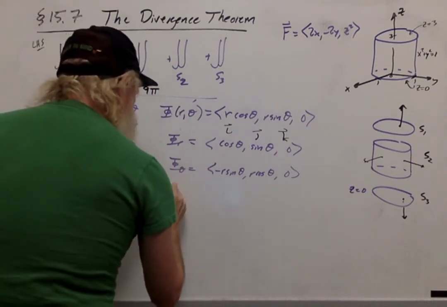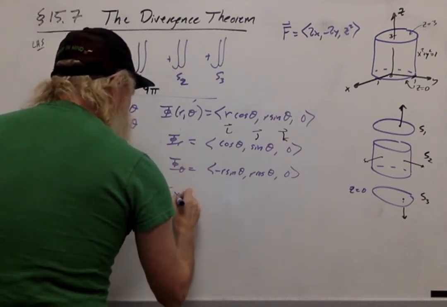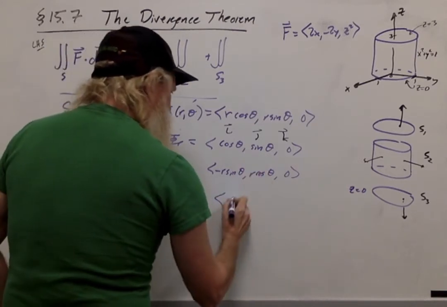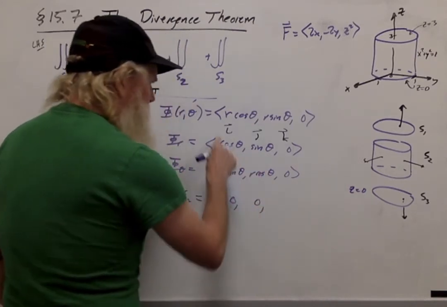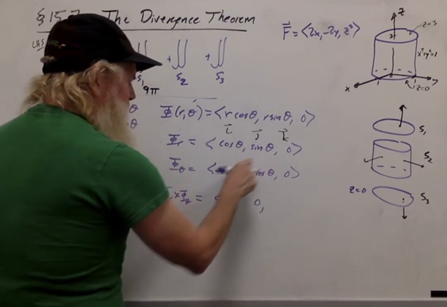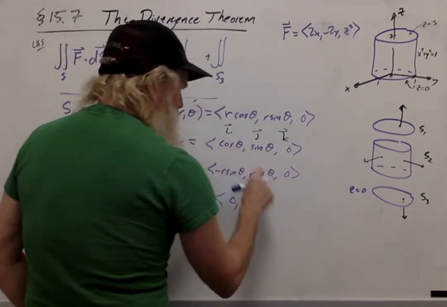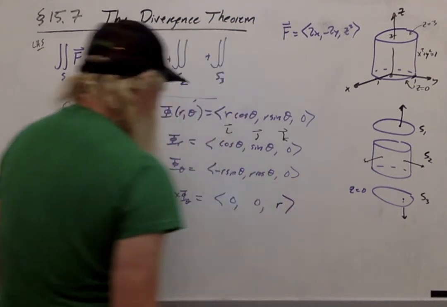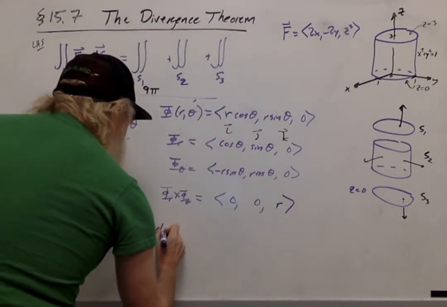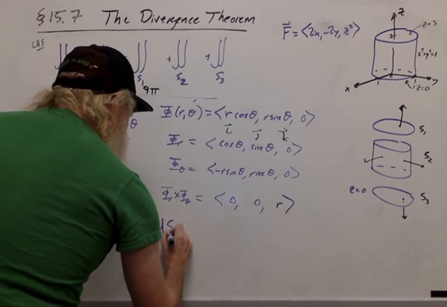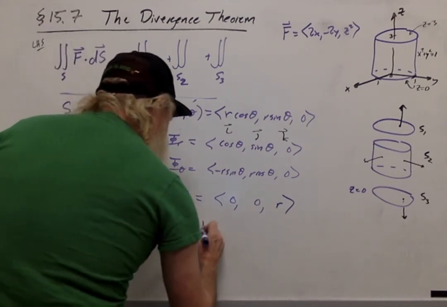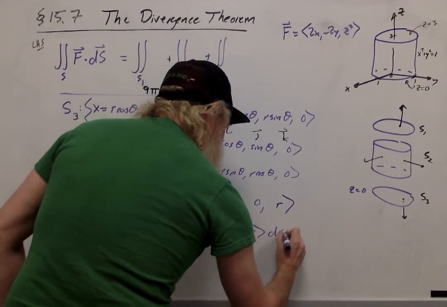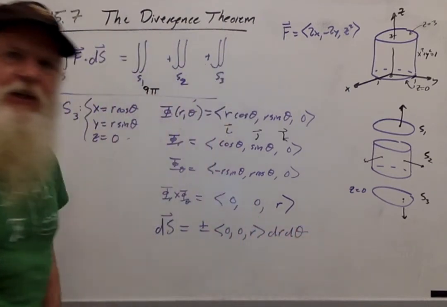And when I take the cross product, I get 0, 0, and then r cosine squared theta plus r sine squared theta, which is r. So dS, big vector dS, is plus or minus 0, 0, r dr d theta.